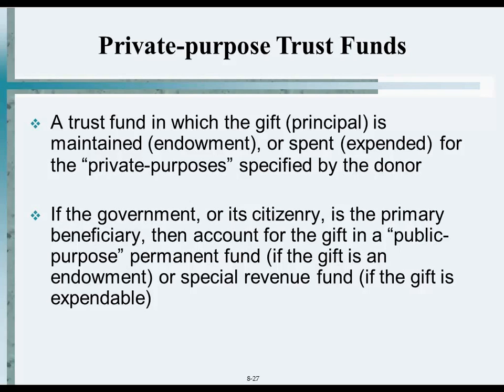Even though you're using those monies for certain folks within the town, it becomes a private purpose trust fund because you have designated who's going to get the money. So your question is, can I spend both the principal and interest? It doesn't matter. It could be one or it could be both. It would still be a private purpose trust fund because somebody's given you money for a certain purpose, right?